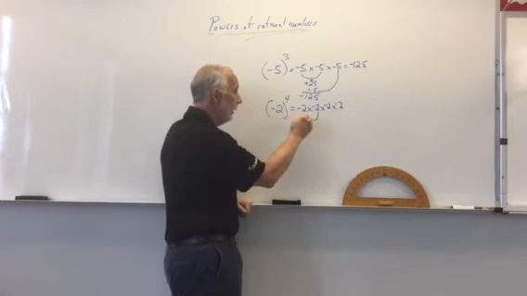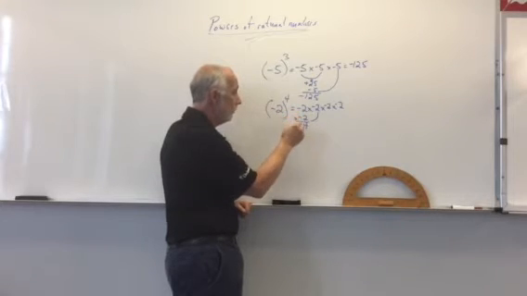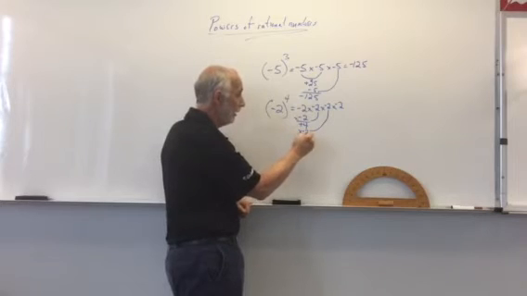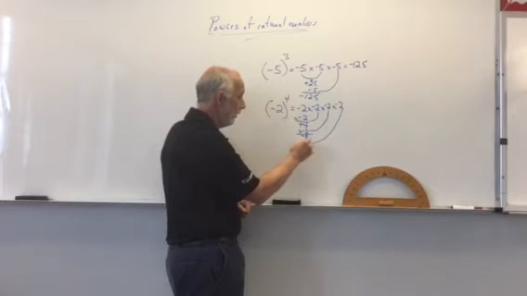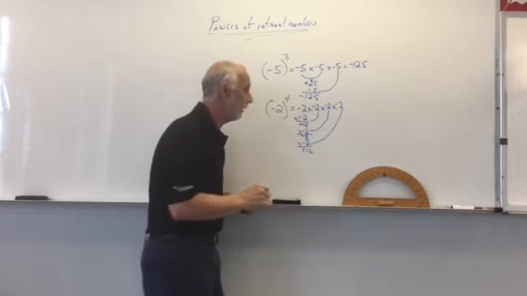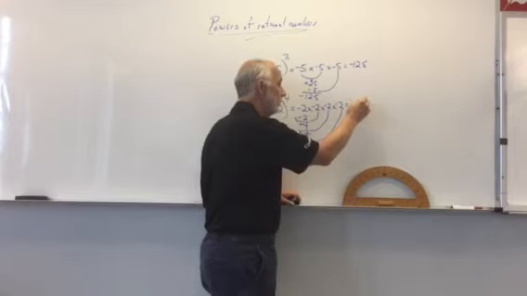A -2 times a -2 is a +4, because a negative times a negative is a positive. A +4 times a -2 is a -8, because a positive times a negative is a negative. And then a -8 times a -2 is a +16, because a negative times a negative is a positive. So your answer is a +16.